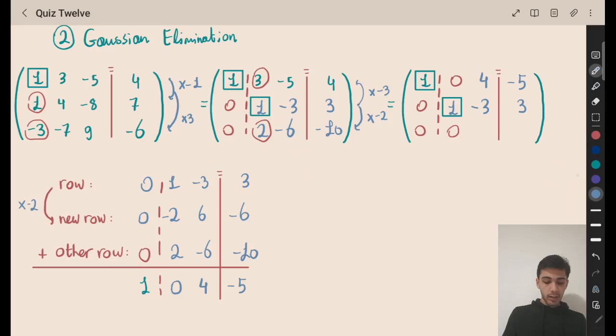And now when we add this, I think there's a surprise for us here. So yes, this will be 0. This will be untouched. Minus 2 plus 2 is 0. Minus 6 plus 6 is 0, and minus 6 plus minus 10 is minus 16.